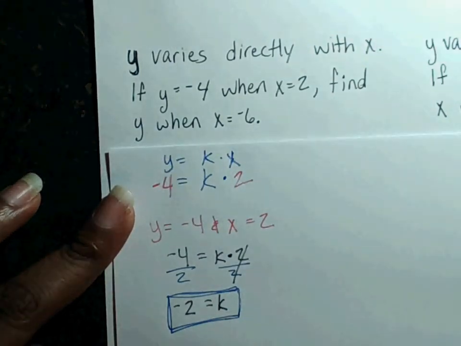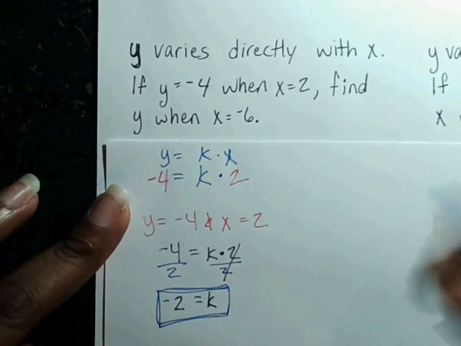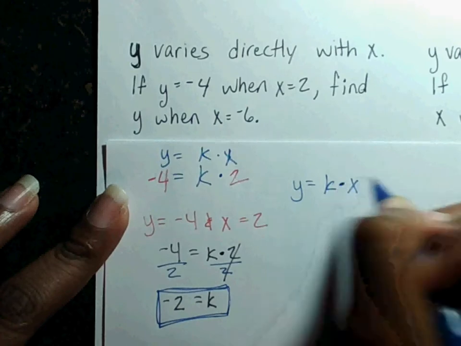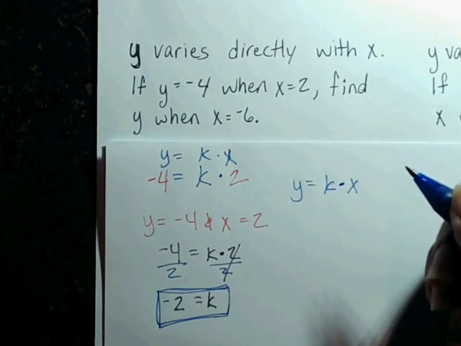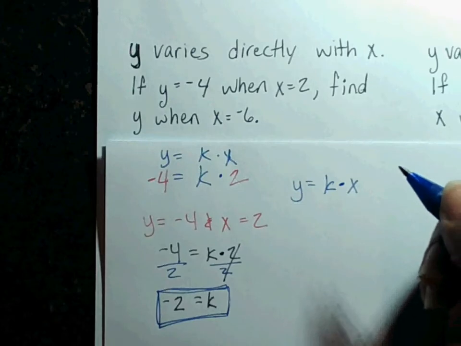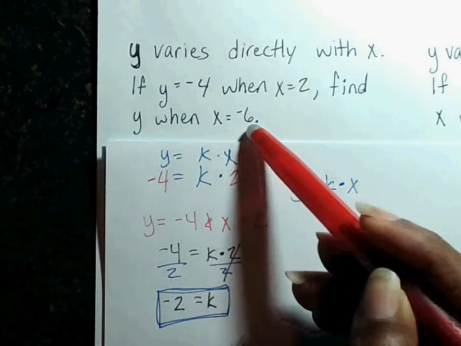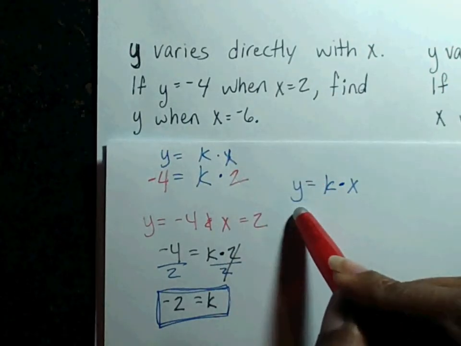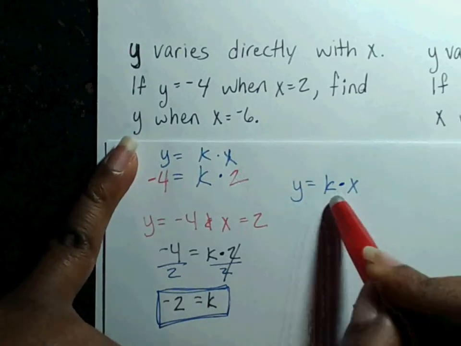Here we go. So again, your formula is y equals kx. I'm going to substitute in my information. In this case, I'm trying to find what I'm missing now. Do I know y? No. It asked me for y. Do I know k?